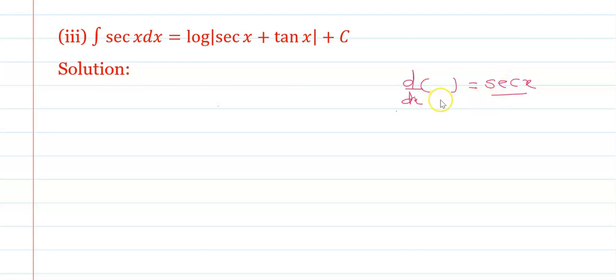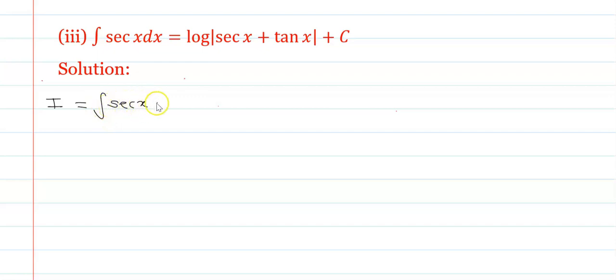But for this we can't say directly, and hence we apply the special method by using the substitution. Now see this here. I is equal to integral of sec x dx.